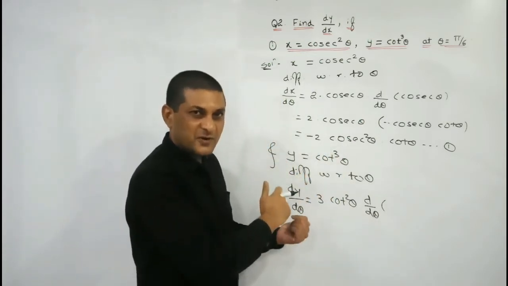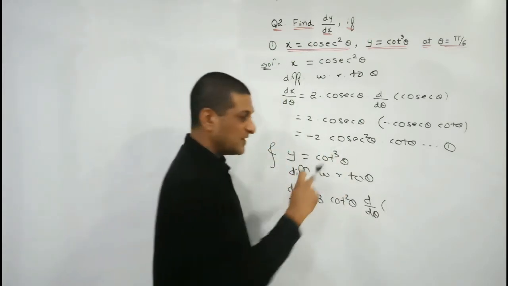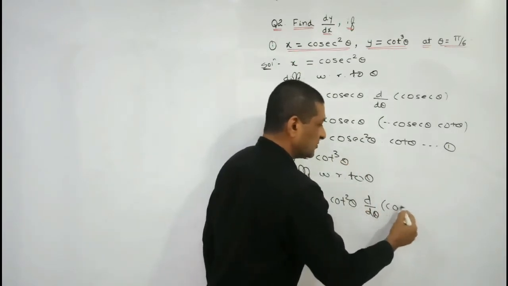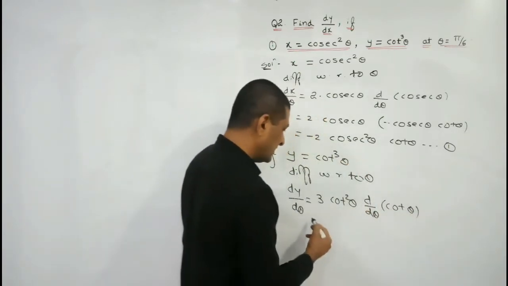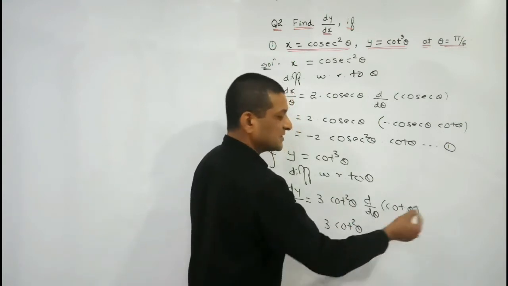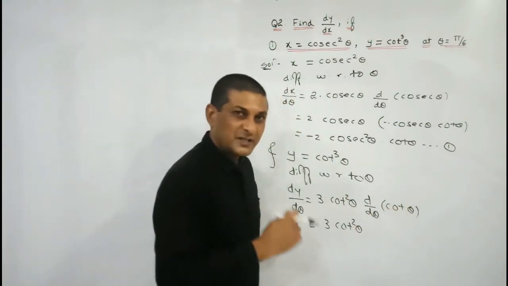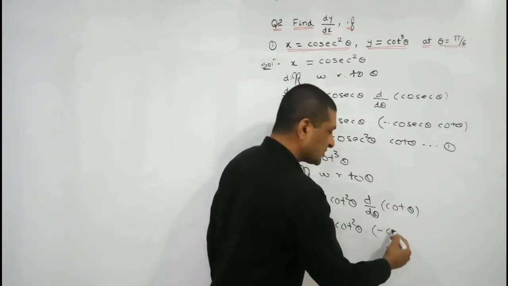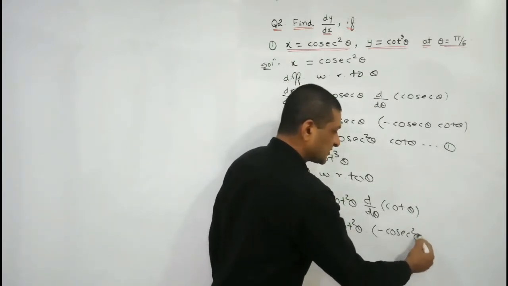First take the power of f of x as a coefficient, decrease its power by 1 into the derivative of f of x, meaning cot theta. So this is equal to 3 cot square theta, keep it as it is, and we know that the derivative of cot theta is equal to minus cosec square theta. So minus cosec square theta.